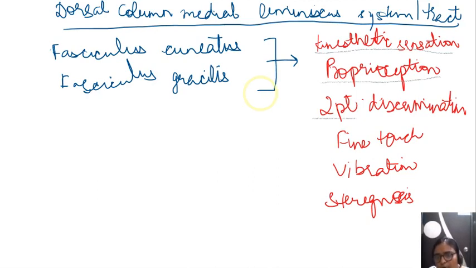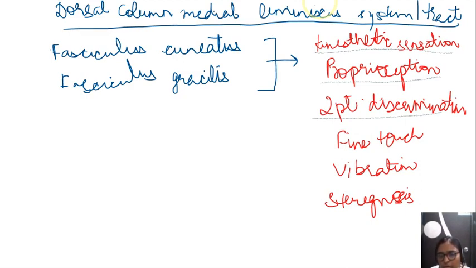And 2 point discrimination is what? These sensations are checked with your closed eyes. In 2 point discrimination, you close your eyes and with very fine points, you have to locate whether it is 2 points or 1 point, means you can discriminate between the 2 points.